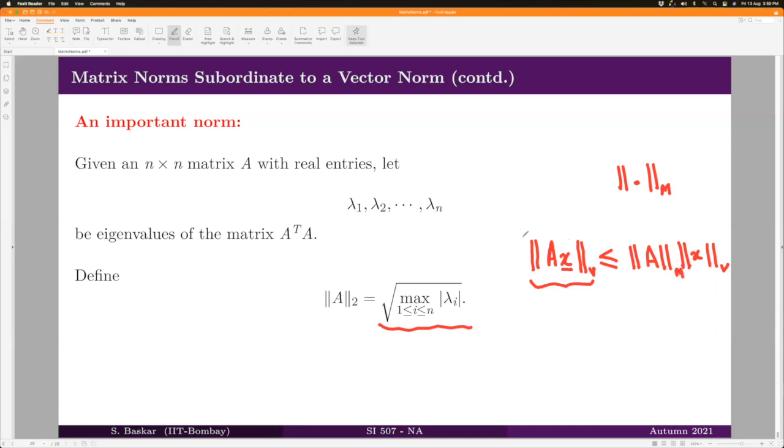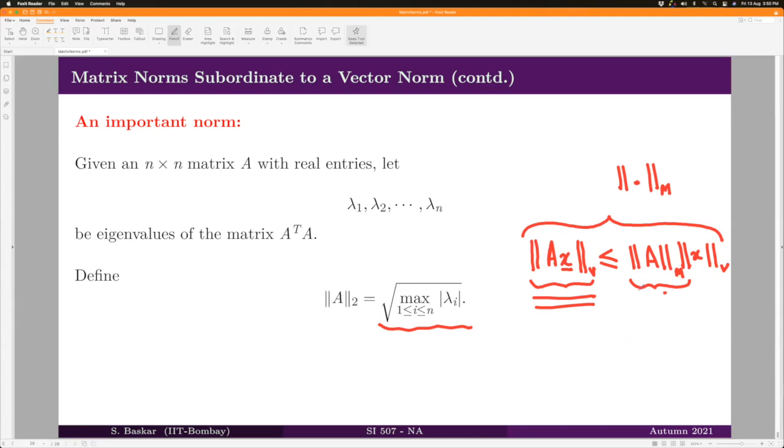In all our analysis on methods for solving linear systems, we will be using an inequality like this, provided this matrix norm is somehow generated from this vector norm. It means you give me a vector norm. From there, I will generate a matrix norm and then fix these two norms and work in all my error analysis of my method.